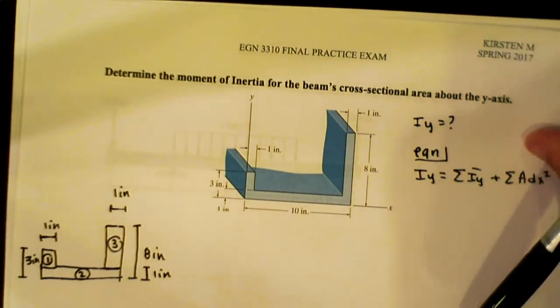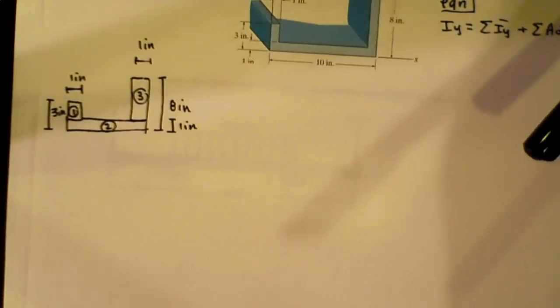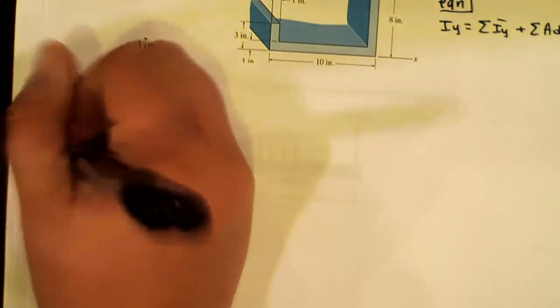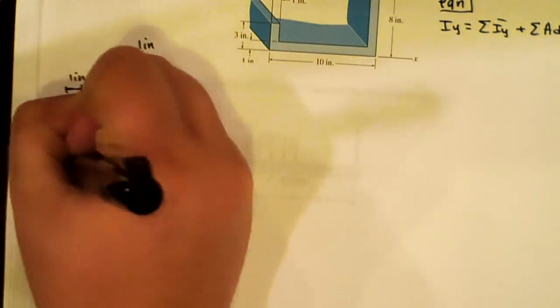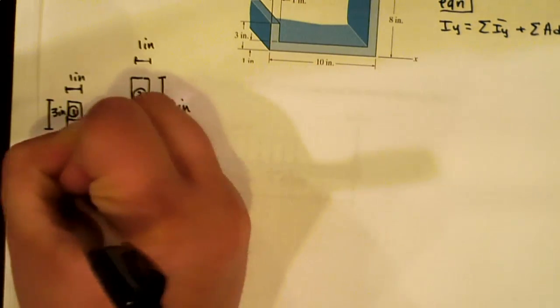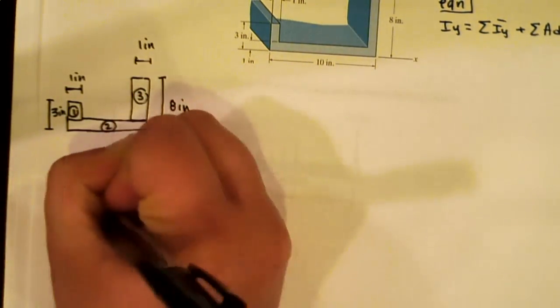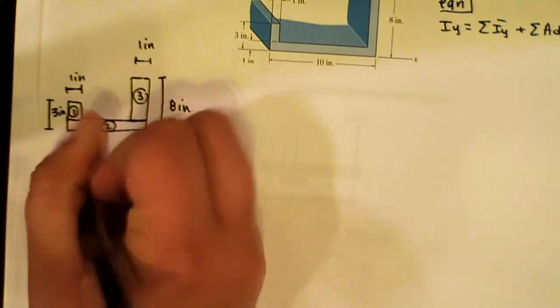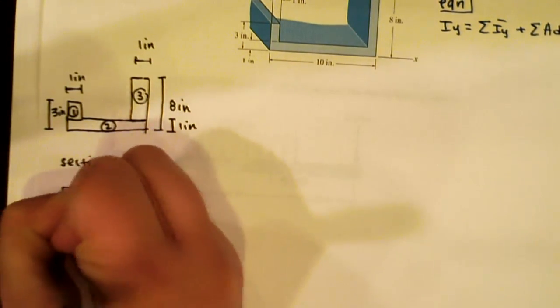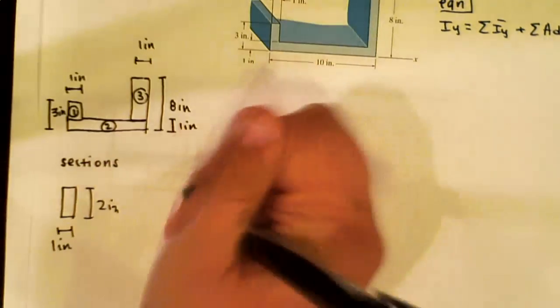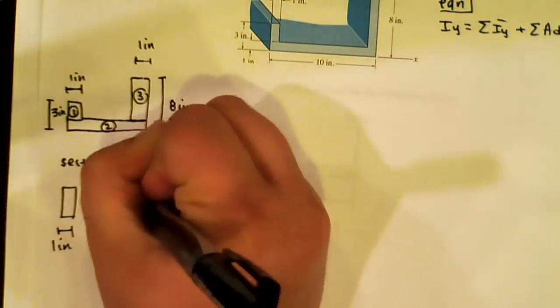So, I'm going to move down. So for our sections, you know our height is 2 inches and the width is going to be 1 inch for our section 1.